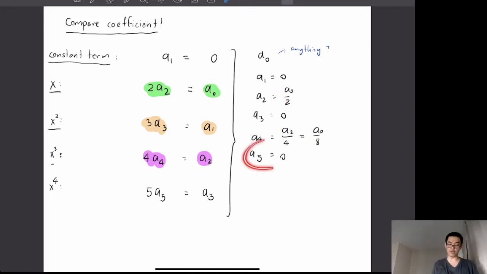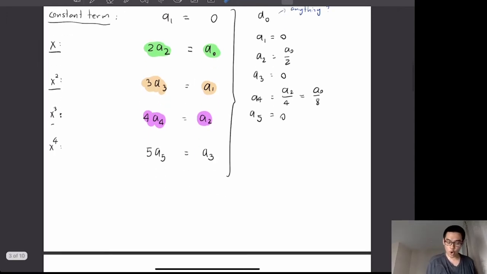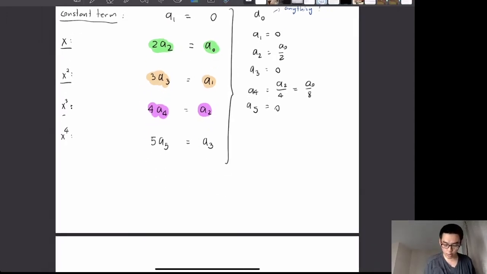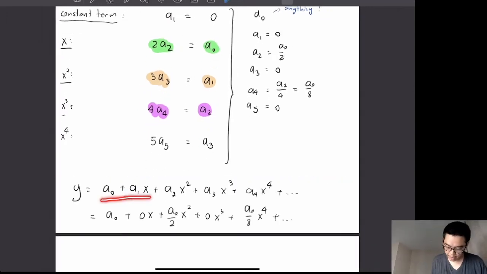And then a5 becomes 0, right? So the solution here will go like this: a0 plus a1x plus a2x squared plus a3x cubed plus a4, and so on and so forth. Now you substitute the result in, right? And here's the thing. The first order differential equation should have only one constant, right?